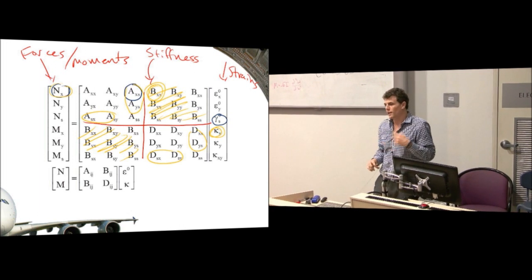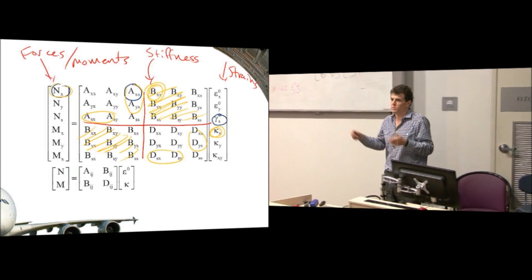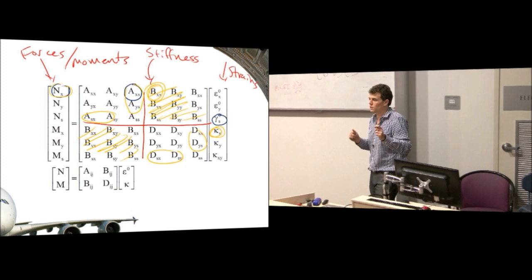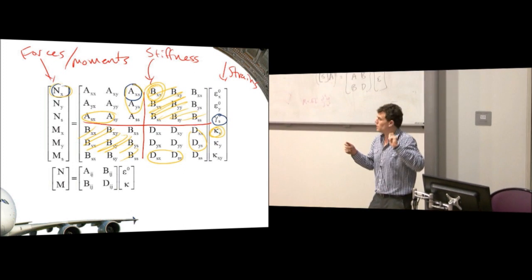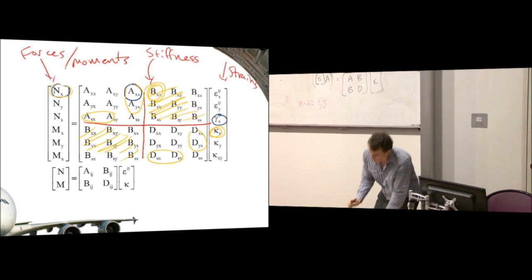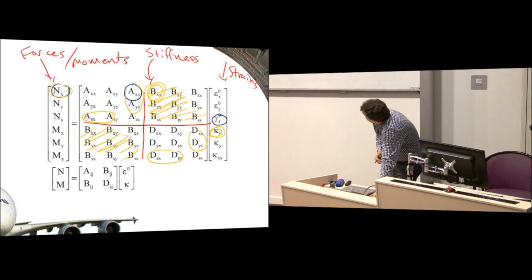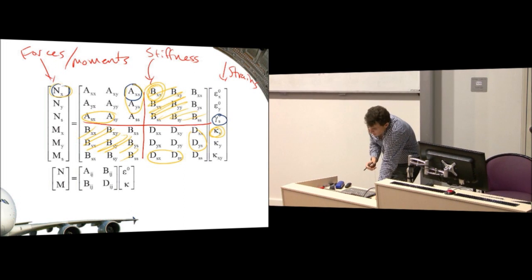So that we turn our laminate back into what I'd call a normal material, a material that's not coupled between extensions and bending and extensions and twisting. Now the way we do that is if we use a symmetric laminate.